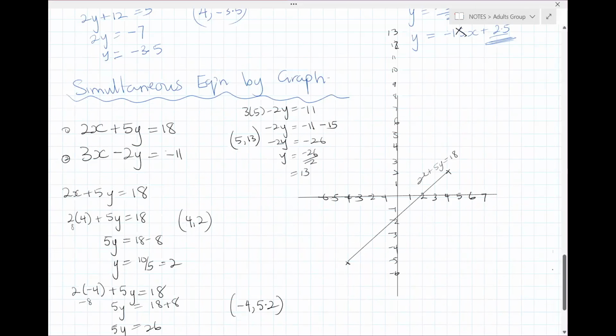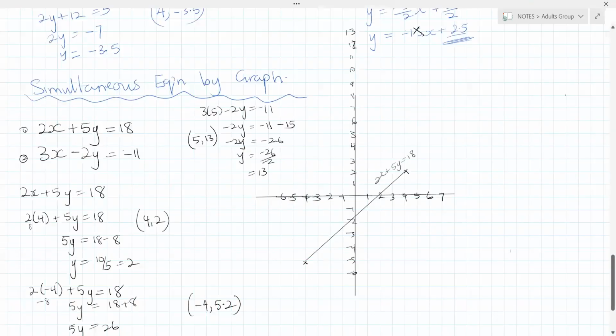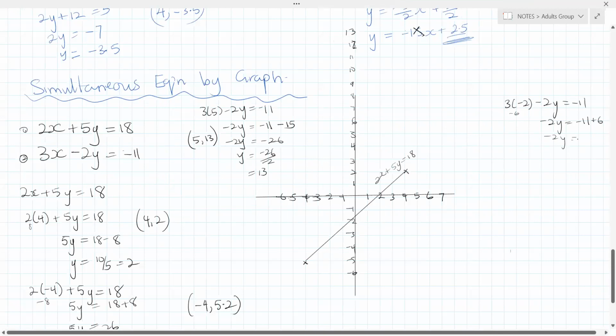All right, can I have a next one? -4. So 3 by -4. I think I want something smaller. -2. I'm not trying to go all the way down there. 3 by -2, minus 2y is equal to -11. This is -6, so this is going to be +6. -2y, that's going to be -5.